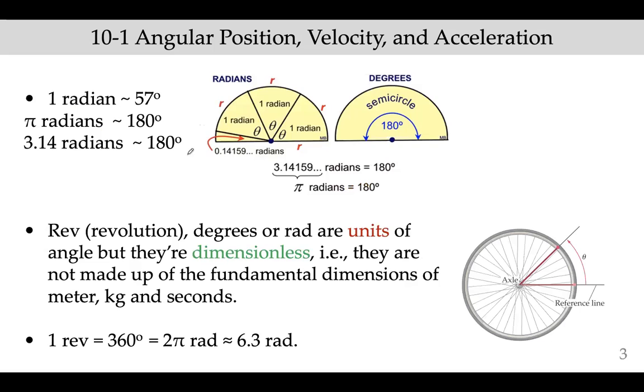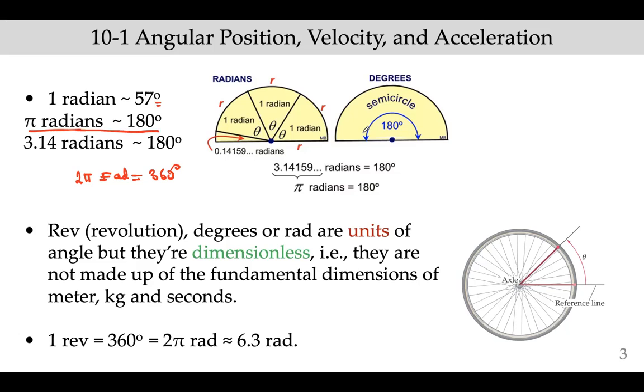Now we always talk about radians when we talk about angles. There are a couple options. One of them is degrees, the other is radians. Pi radians is 180 degrees, right? 2 pi radians equals 360 degrees.